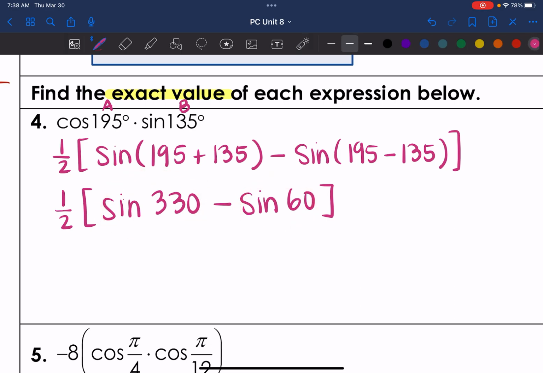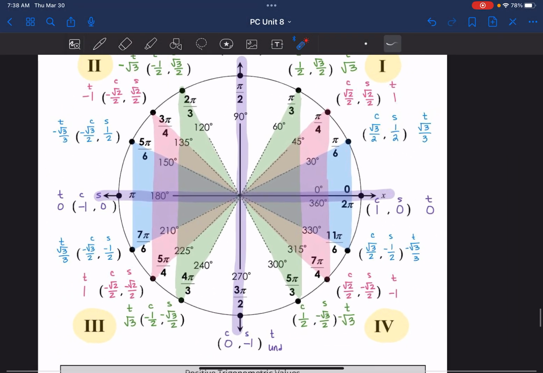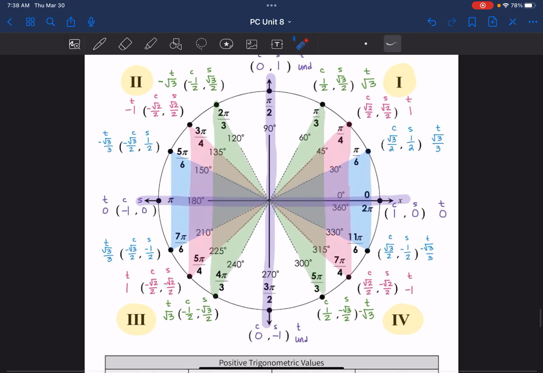So I'm going to write down my 1/2 and then my square bracket here. But let's go and find sine of 330 degrees. So 330 is right here. So that goes with these. Now we want sine. So sine is that second one, negative 1/2.